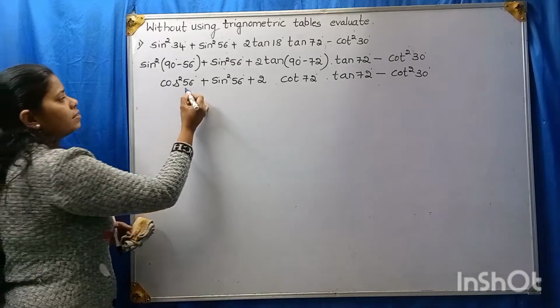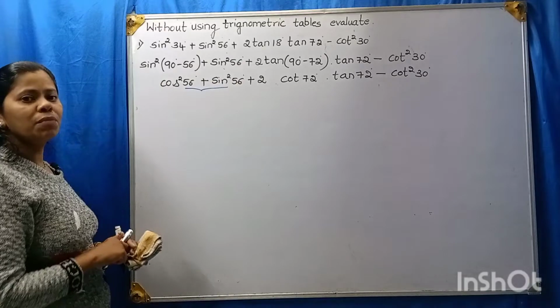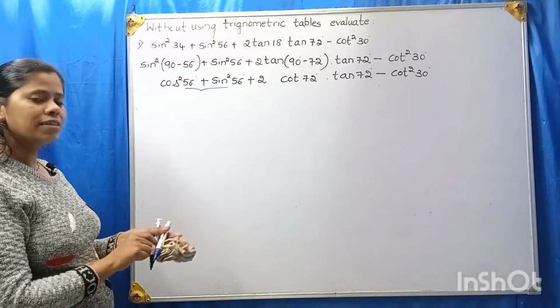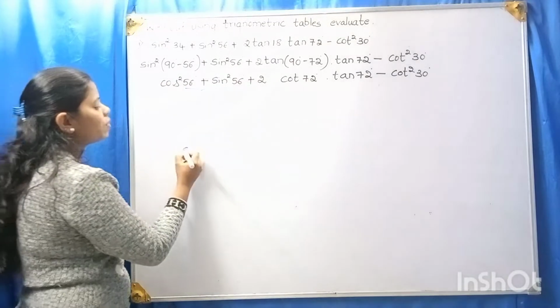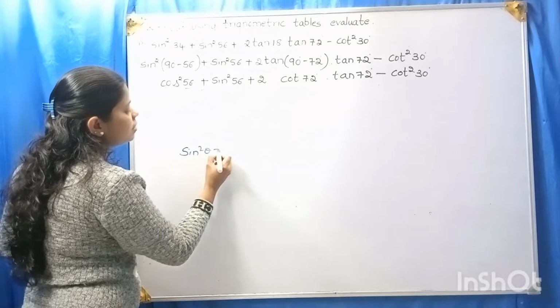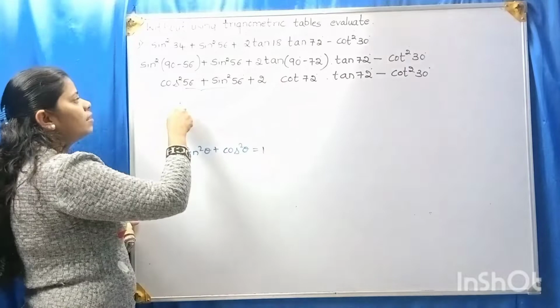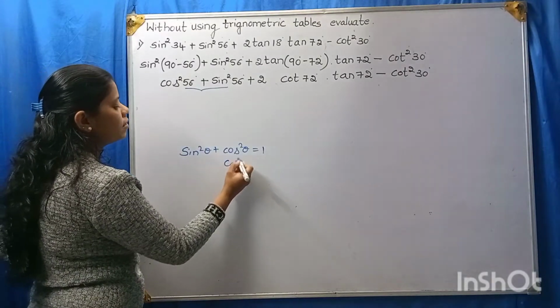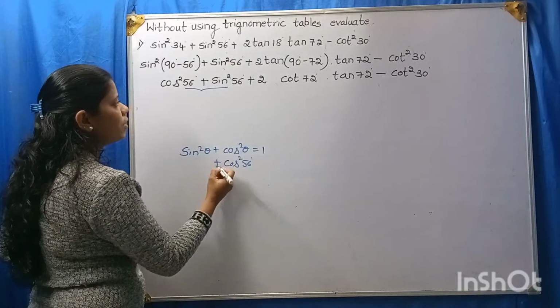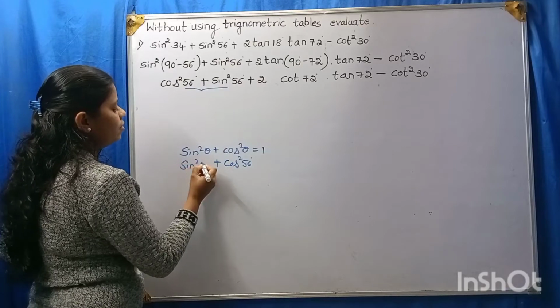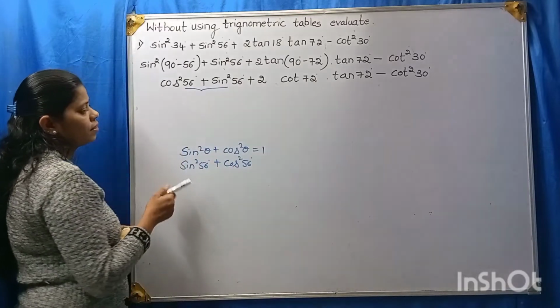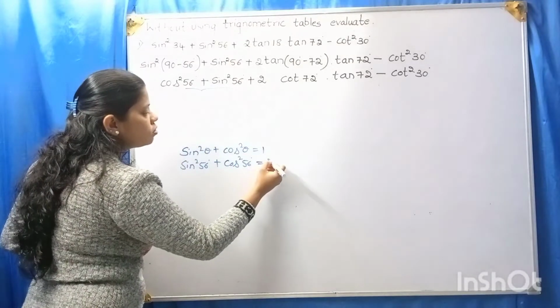Now look at this. We remember one formula. What is that? Sin square theta plus cos square theta is 1. Right? Here we have cos square 56 degree plus sin square 56 degree equal to what? 1.